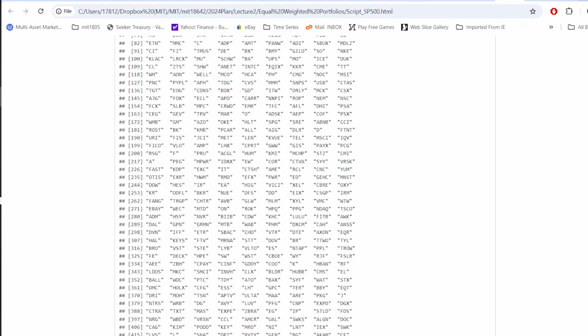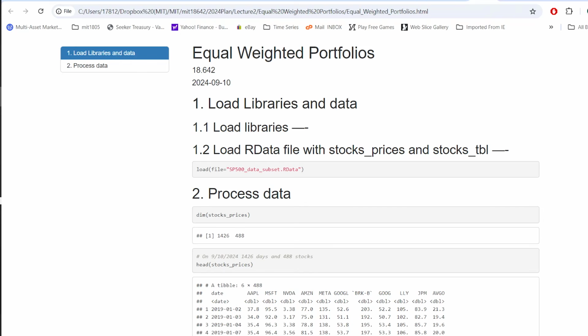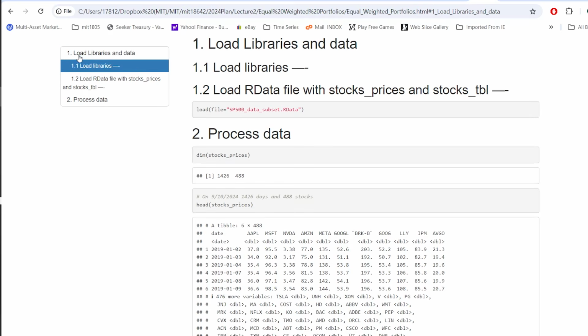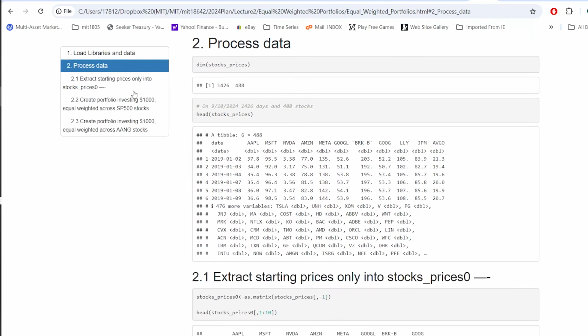Then with the equal weighted portfolios script, it loads libraries and loads the data set of stock prices that was just downloaded in the other program. And it loads the data in.